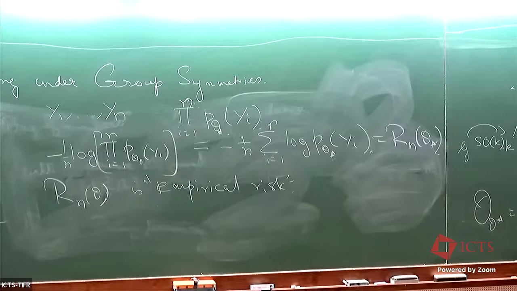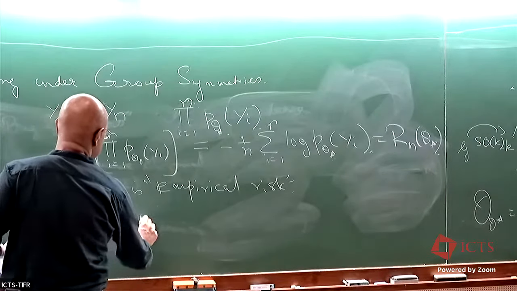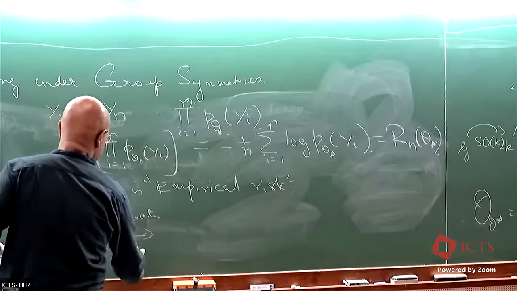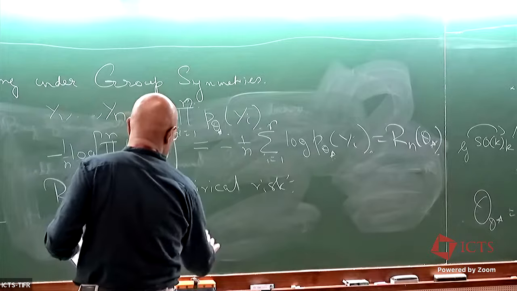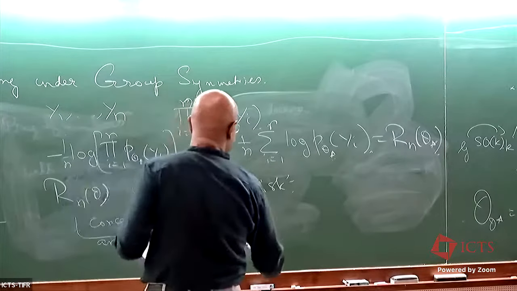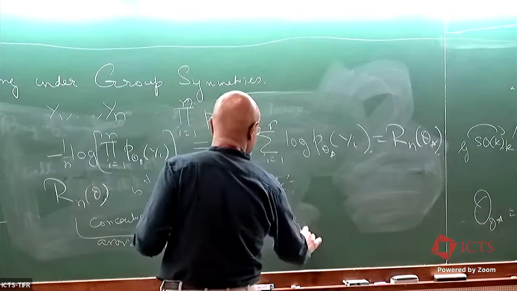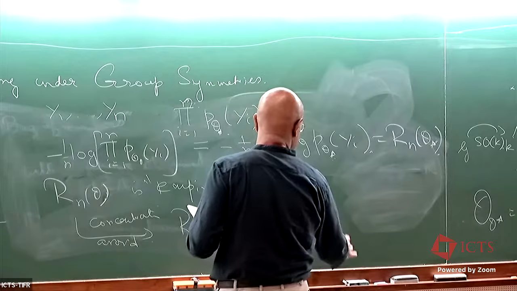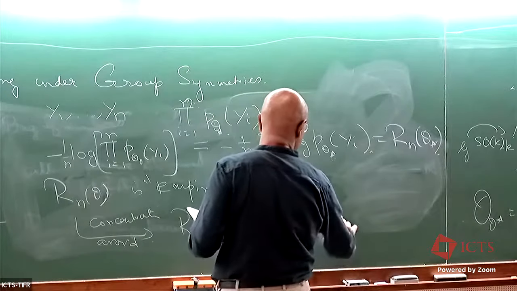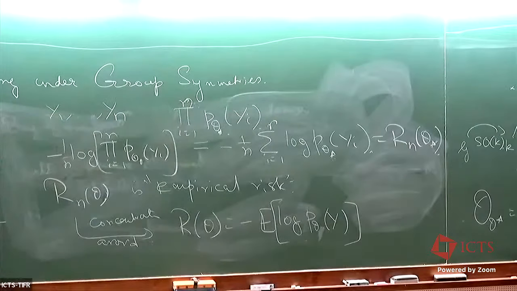It concentrates, as you might imagine, for large n around its population version, which is R theta, which is just minus the expectation of log p theta of Y. The expectation is now with respect to both the noise and the rotations.